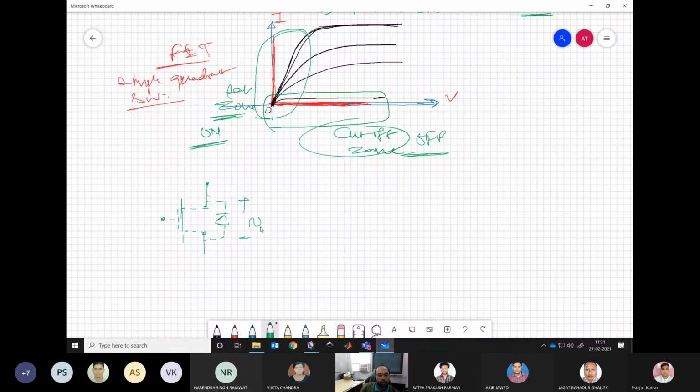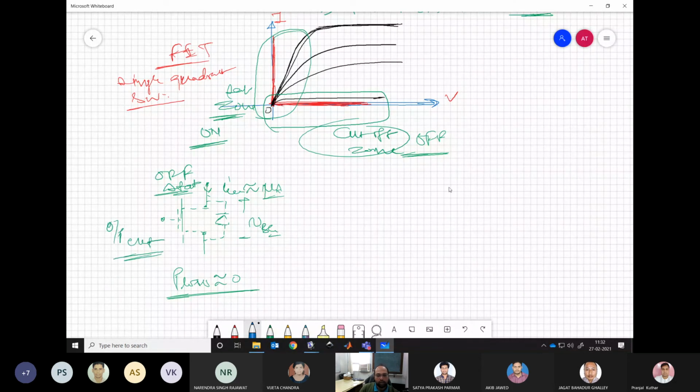With the voltage blocking, there could be some leakage which is very small, a few microamps. So for all practical applications, P loss is very close to zero during the off state. So this is like an open circuit in the off state.